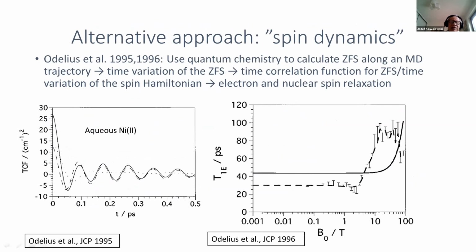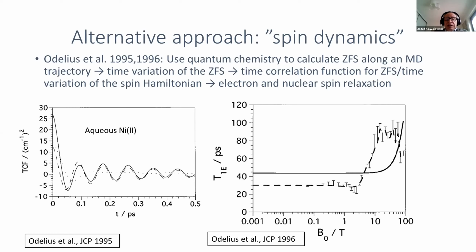Now, there is a very different way, conceptually very different, to approach this. And one of the first people to do this was Odelius, who was at that time my student. We call this approach the spin dynamics.